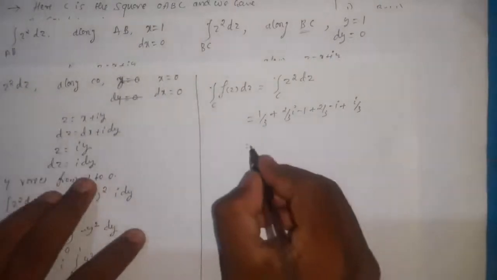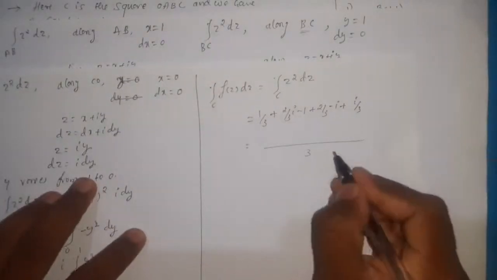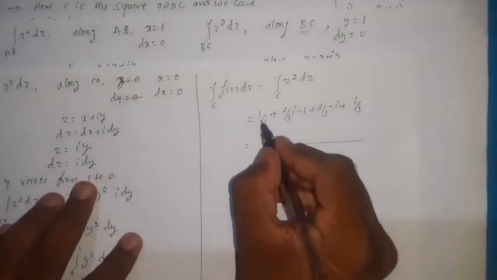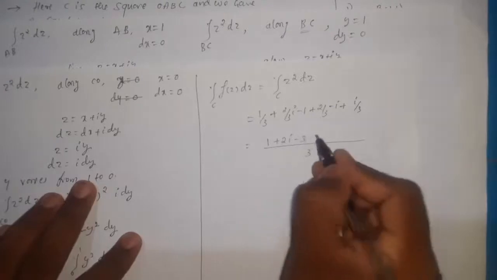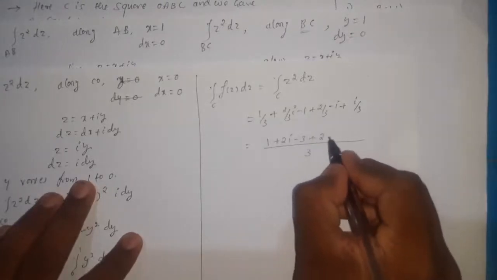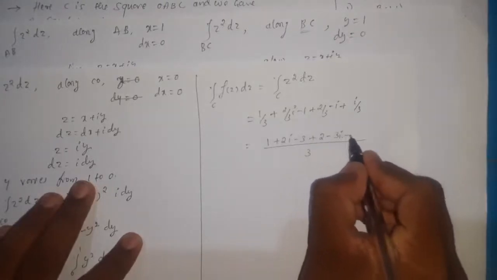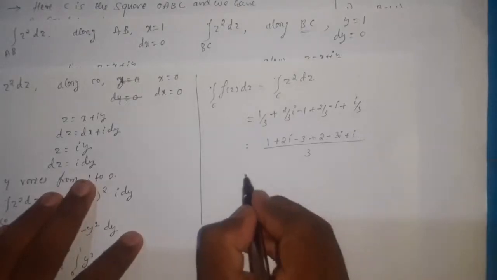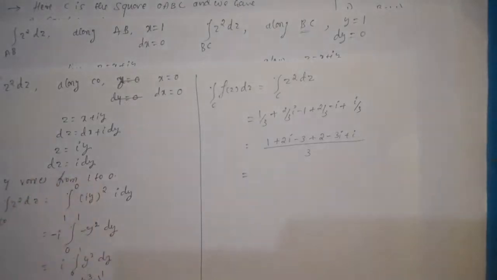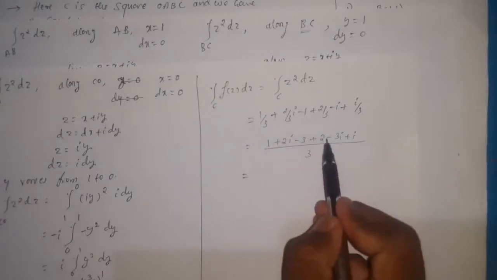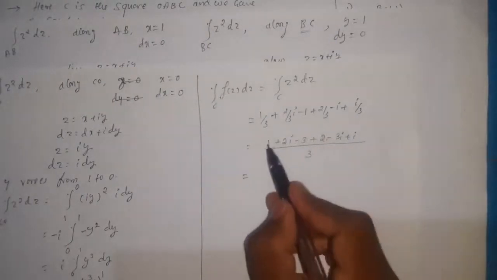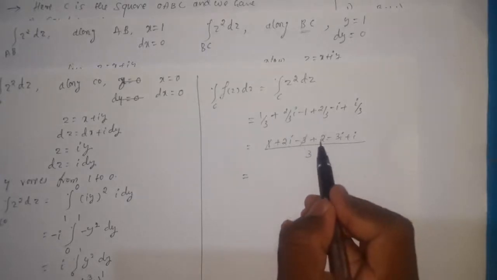So here the LCM is 3 and the numerator becomes 1 plus 2i minus 3 plus 2 minus 3i plus i. Here 1 plus 2 becomes 3 and minus 3, so they get cancelled.